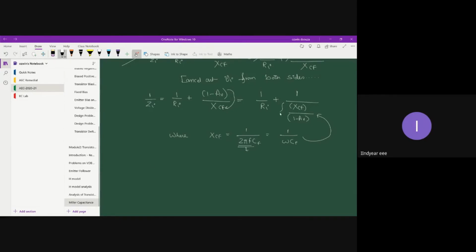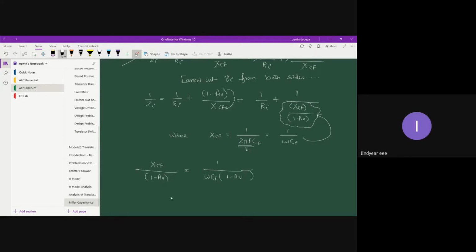I have this term, XCF divided by 1 minus AV. This can be written as 1 divided by, because XCF is 1 divided by omega into CF, omega into CF into 1 minus AV.